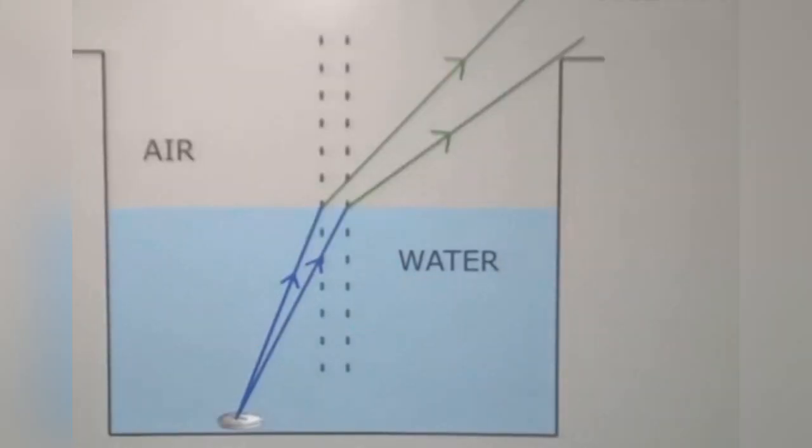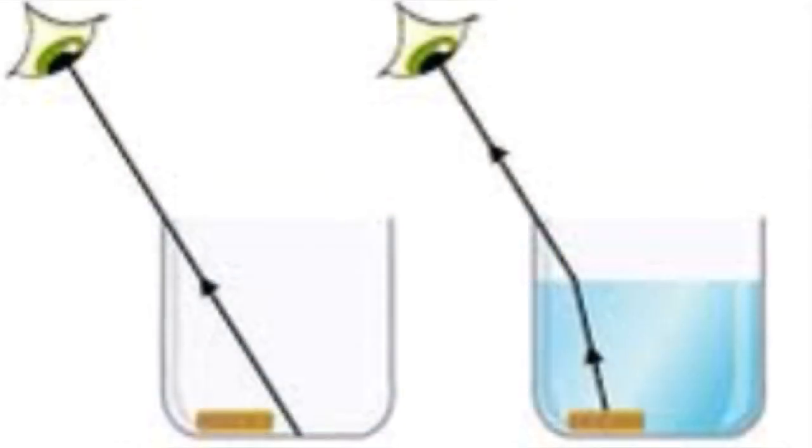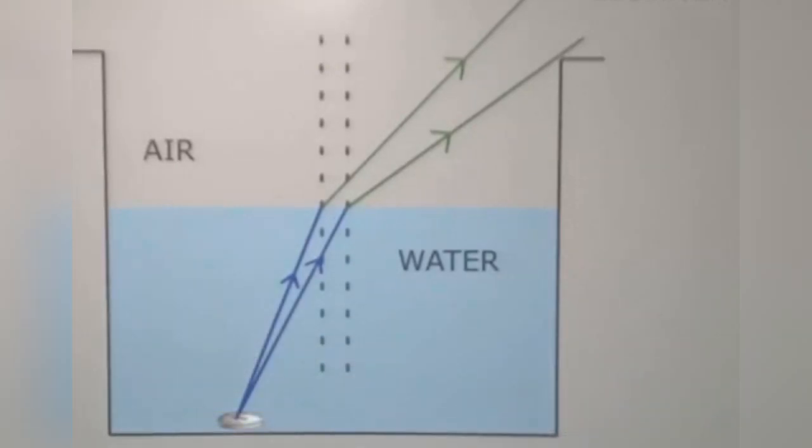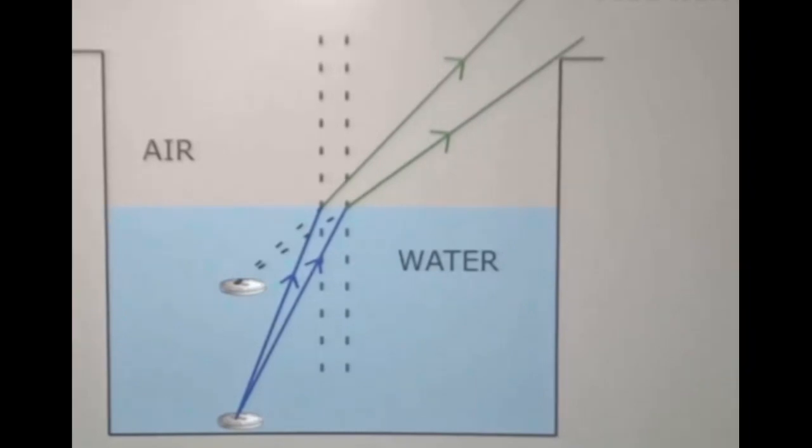Hence, the point of intersection of the refracted rays gives us the image which is not the actual position of the coin, and this is the reason why the coin which was initially not visible is visible now. Here, this is the actual position of the coin, and this is the apparent position. That is the position which the observer thinks that the coin has been placed at.